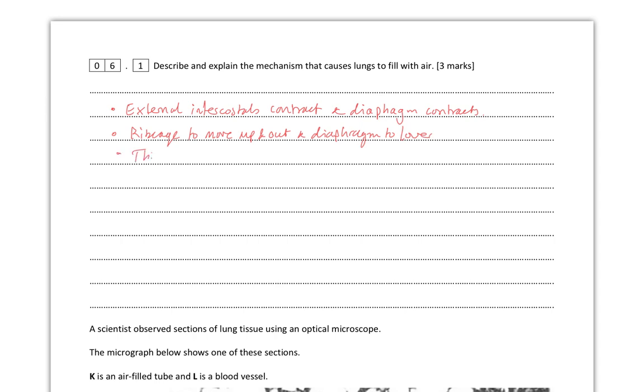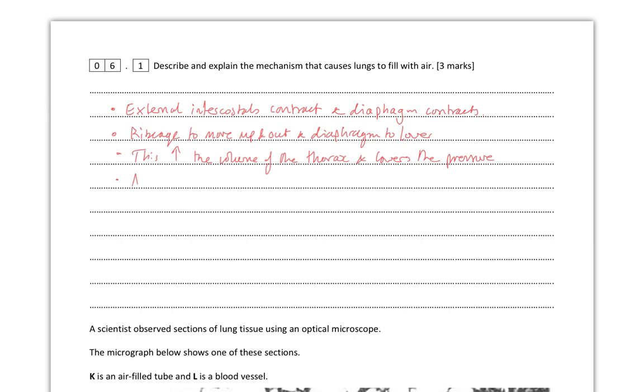And this increases. I'm just going to put an up arrow just for speed, but I would write increase. This increases the volume of the thorax or the thoracic cavity. Therefore, it lowers the pressure.